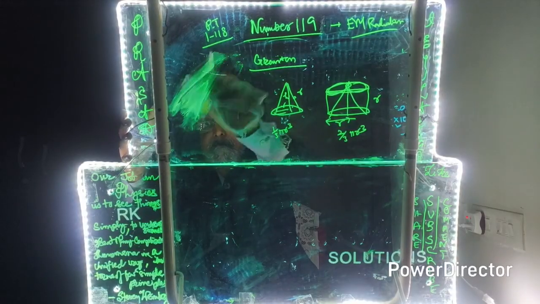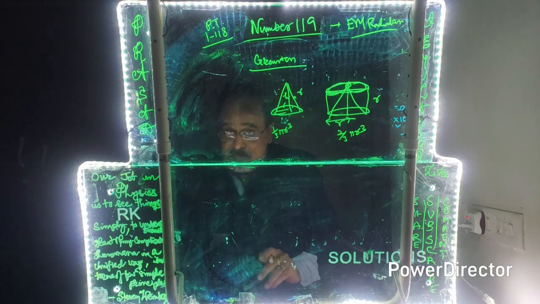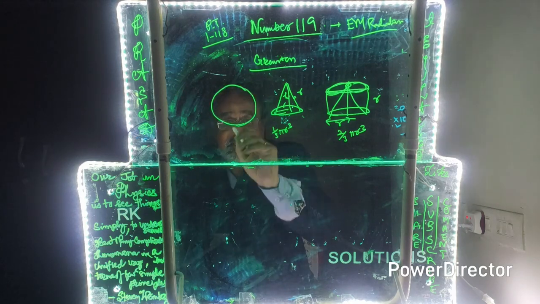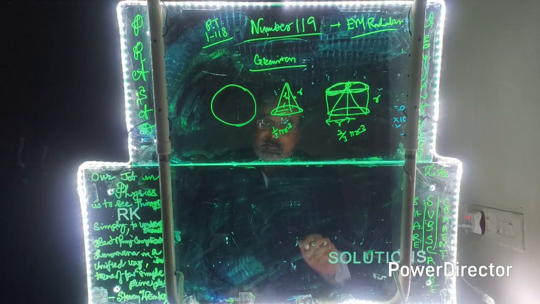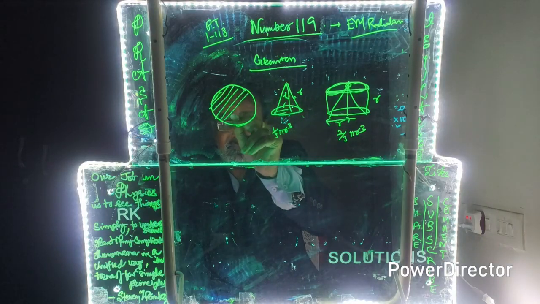4/3 pi r cubed is nothing but the sphere. Right? You may think Prasad is explaining things so simply that they're not correct, they can be wrong. No, just because things are simple, they may not be wrong.